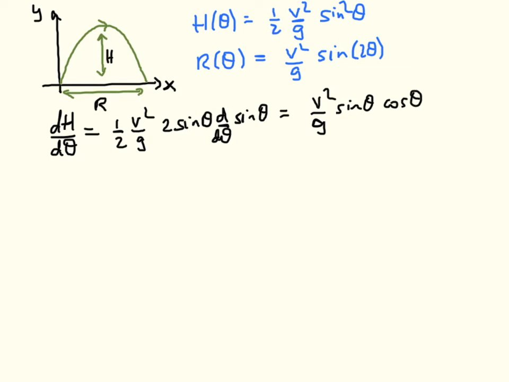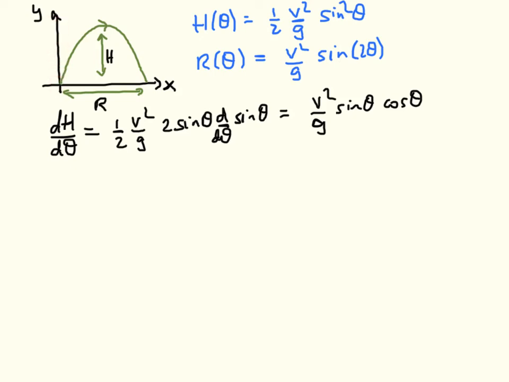So the extreme values are when the derivative vanishes, and the derivative will vanish when sine of theta is 0, which corresponds to theta is 0, and when cos of theta is 0, which corresponds as expected to theta being pi over 2, firing it straight upwards.